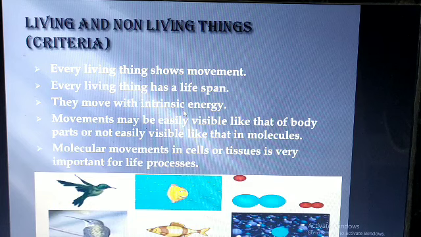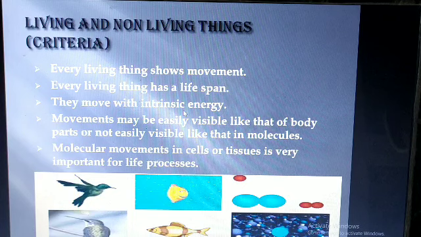Intrinsic means it is an internal factor, means there is no external factor which is helping the living things to move. Whereas in the non-living things, we need electricity, we need petrol, we need diesel, we need kerosene, we need fuels to run them.